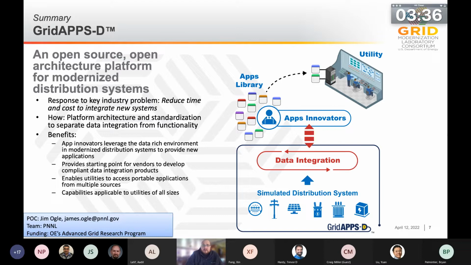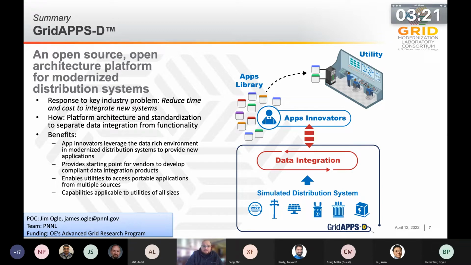It's primarily aimed at distribution vendors to develop new applications for utilities to easily adopt onto their systems.